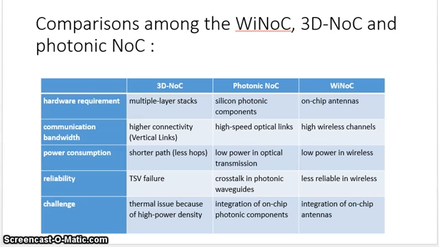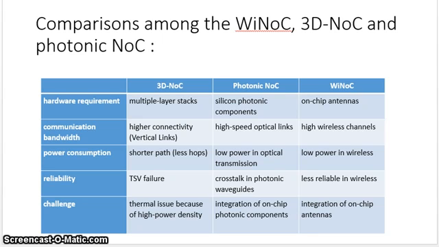There are new technologies in network on chip. They are 3D network on chip and photonic network on chip. Here is a table of comparison between those two and wireless network on chip.